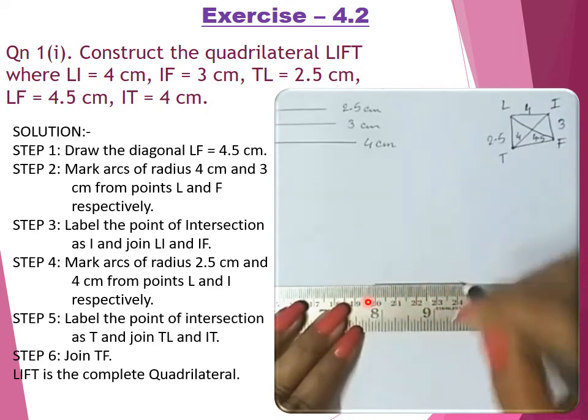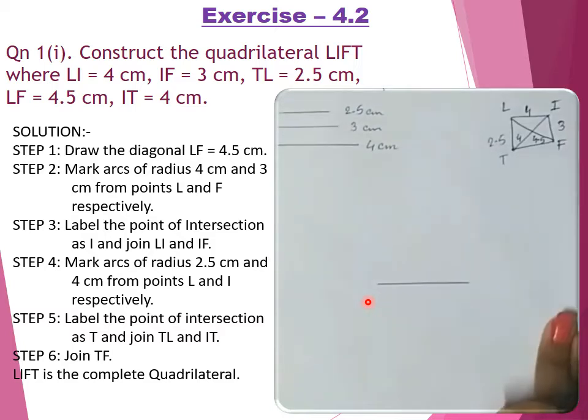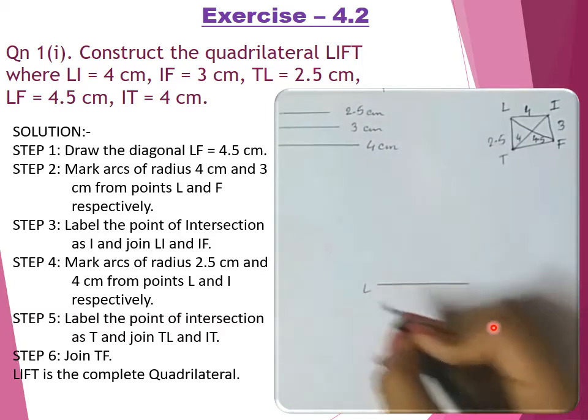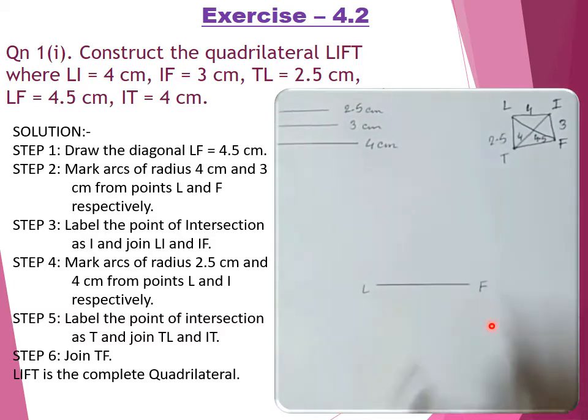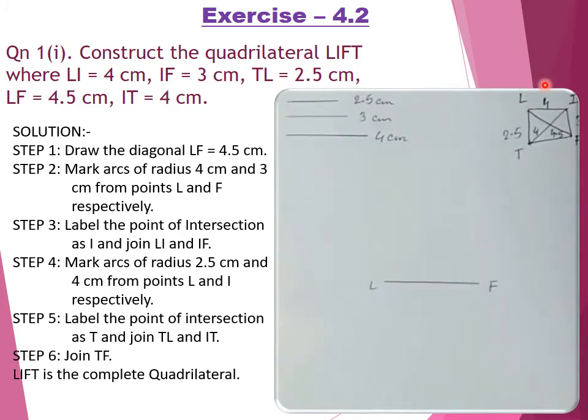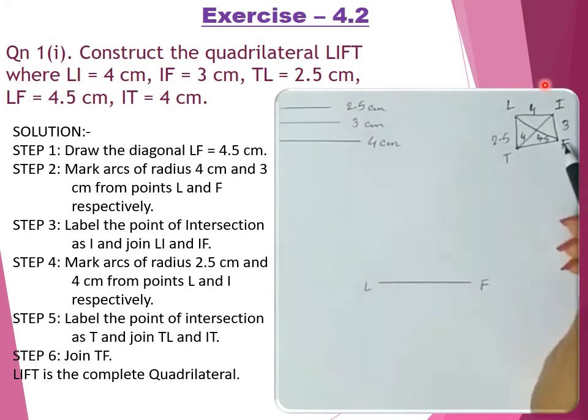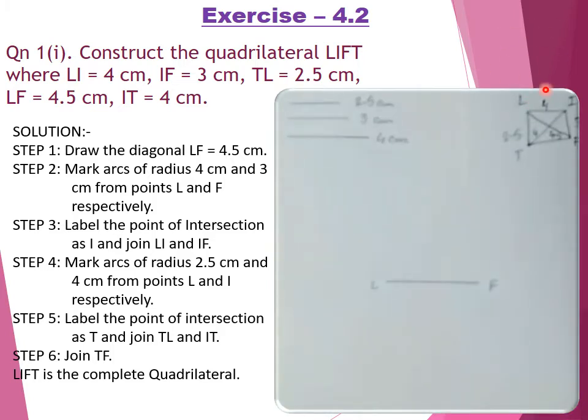So we have drawn 4.5 centimeters, which has the ends L, F. Now we will try to construct this triangle where the lengths are 4 centimeter and 3 centimeter. So first we will take a length of 4 centimeter.